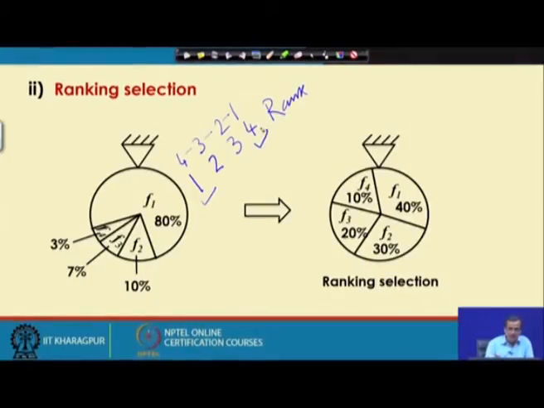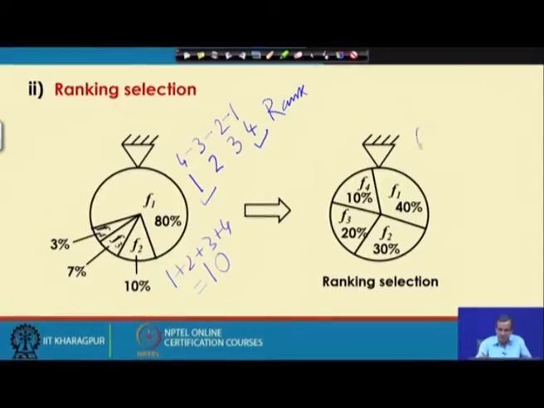Now, we add the rank values, 1 plus 2 plus 3 plus 4, which is 4 plus 3 is 7, plus 2 is 9, plus 1 is 10. So, this is 10, the summation of the rank values. Now, here we try to calculate the probability values in ranking selection in a slightly different way.